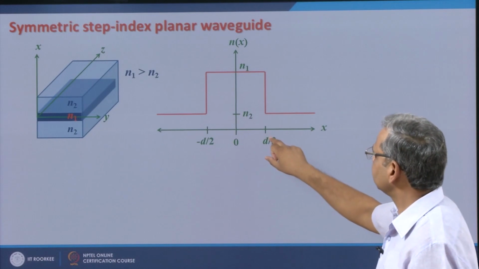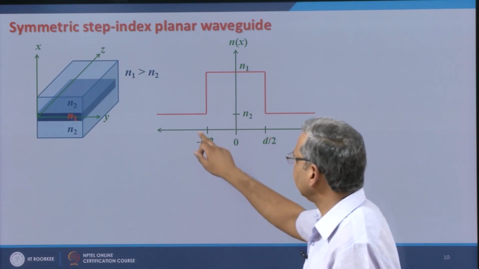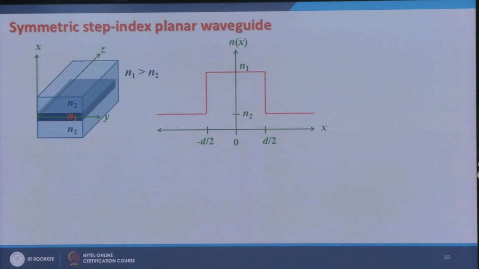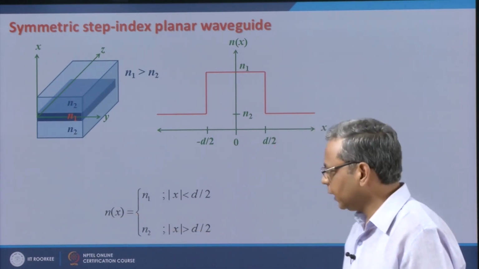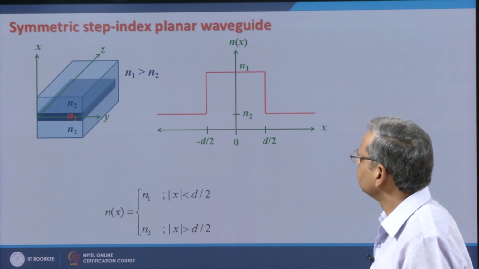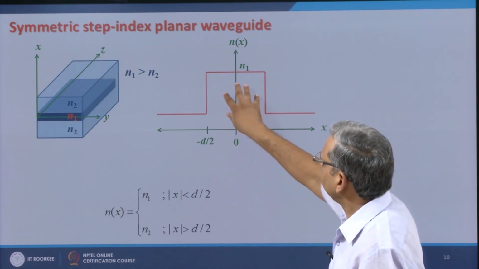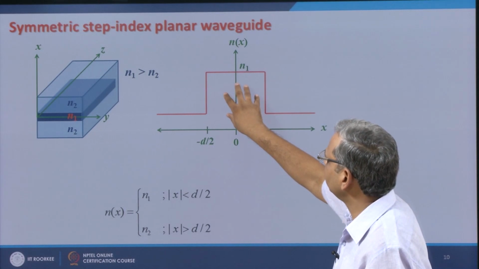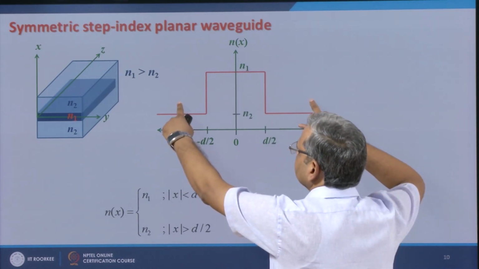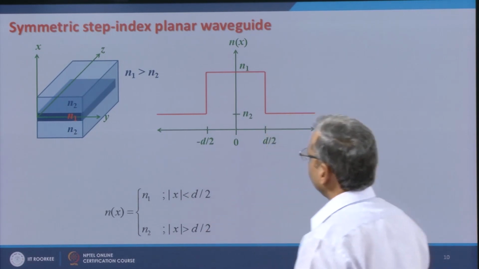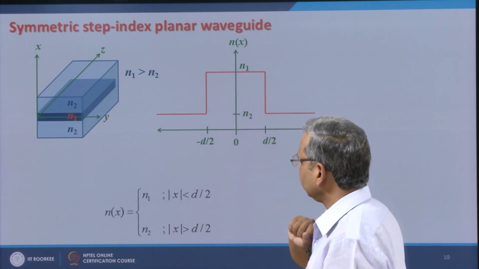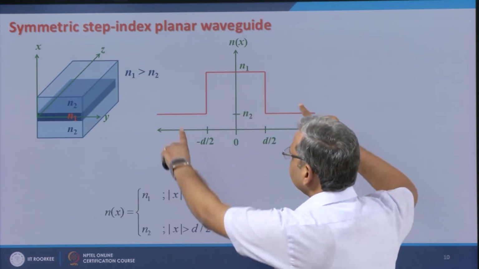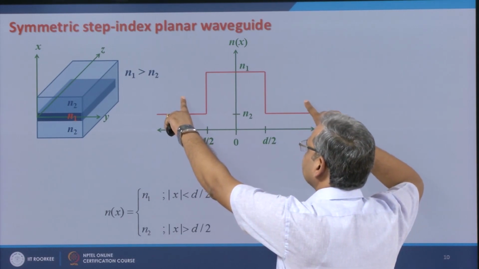So this is x equal to d by 2, this is x equal to minus d by 2. I can write down the refractive index variation with respect to x in this fashion. This region is mod x less than d by 2, while these two regions can be represented by mod x greater than d by 2. In mod x less than d by 2 I have refractive index n1, in mod x greater than d by 2 I have refractive index n2.